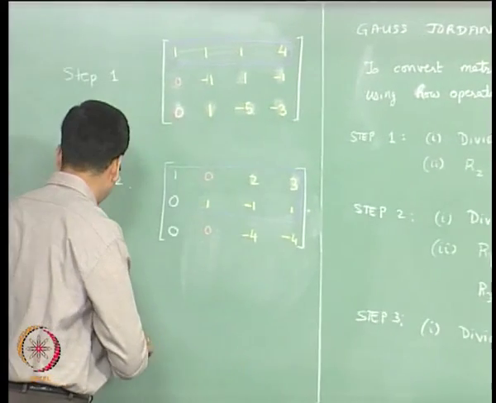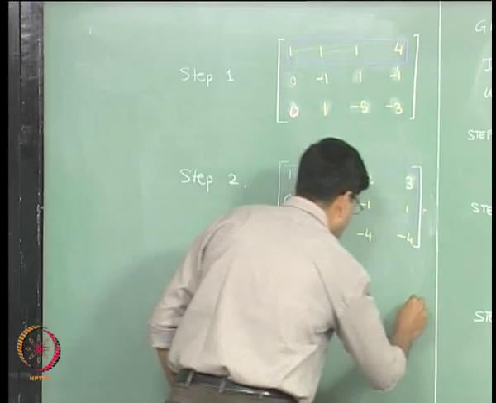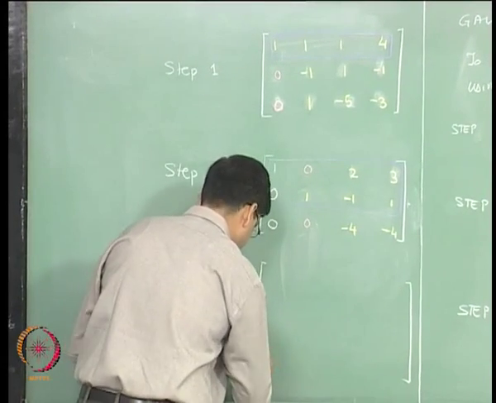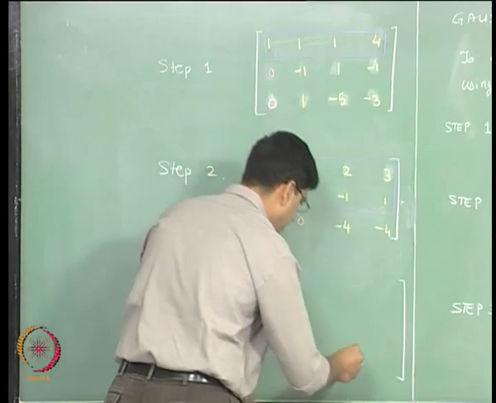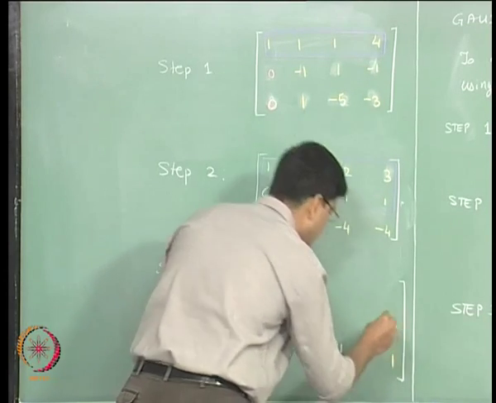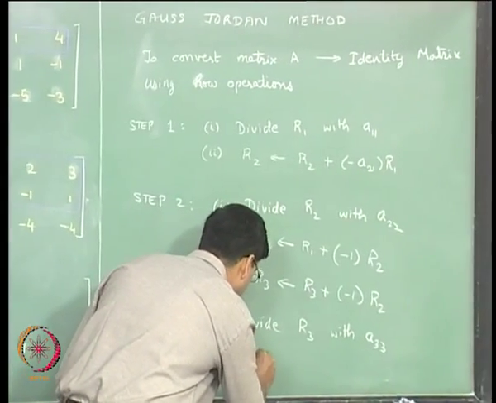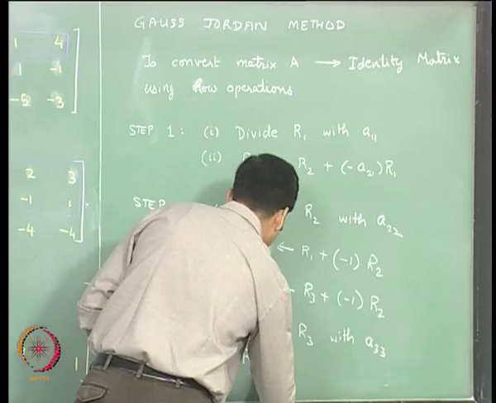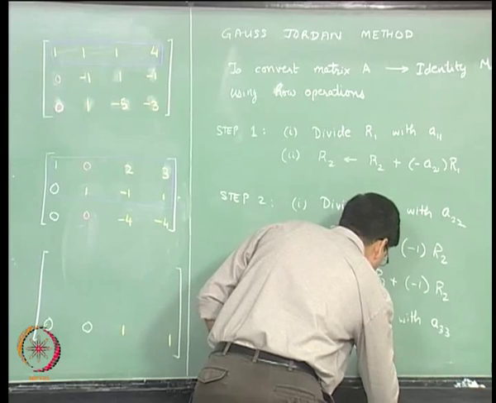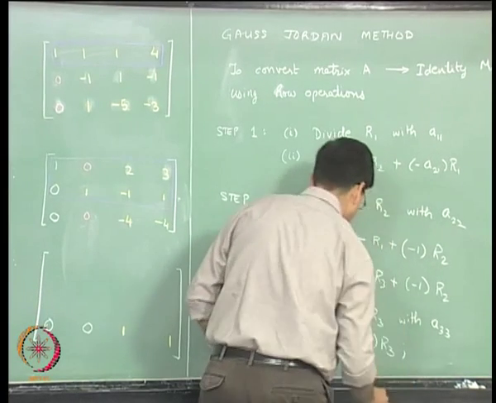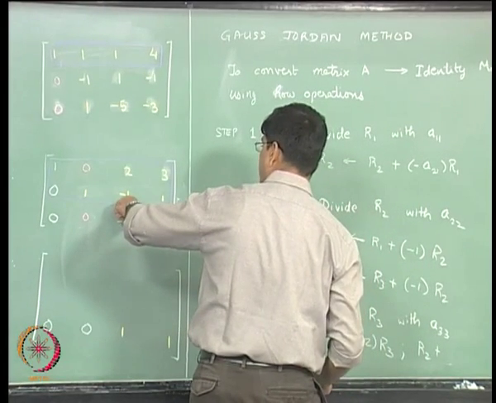So, when we do that, we will have 0 0 and we divide this by 4 minus 4. So we will have 0 0 1 1, and then we will do R1 plus, in this case this coefficient is 2 over here. So R1 plus minus 2 into R3, and then R2 and the coefficient over here is minus 1.